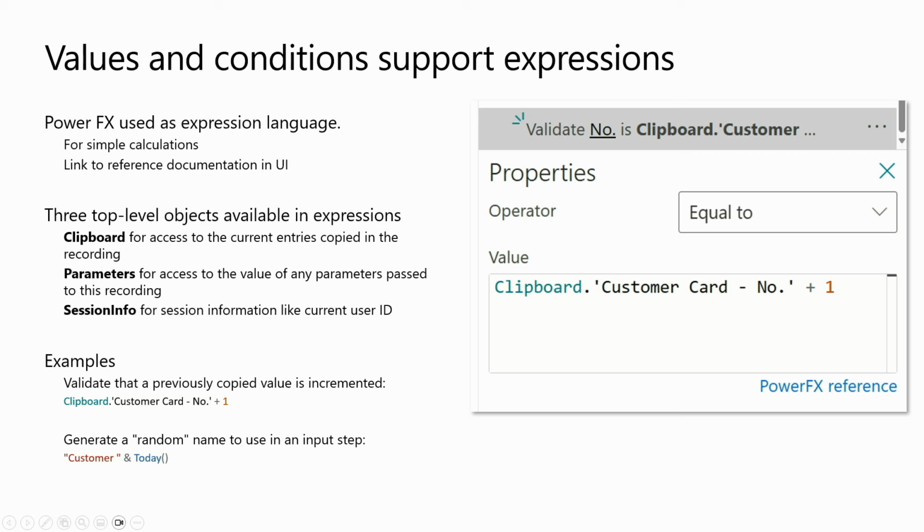Maybe you save that to the clipboard, and in your flow, you just want to see whether that's being incremented by 1. It could also be that you want to generate a random name as part of generating a new object to have some uniqueness. Maybe you want to have a semi-random name, so that could be concatenating the customer with today's date or time or something like that.